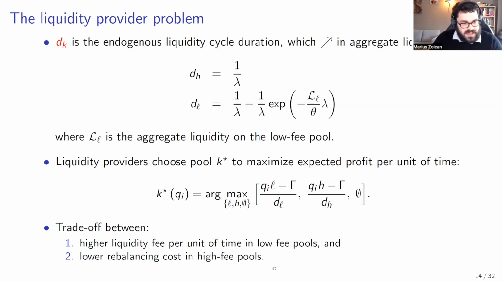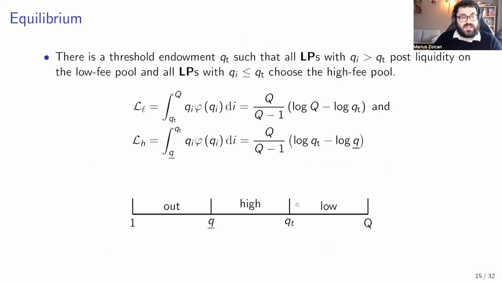So the main trade-off here is that you earn a higher liquidity fee per unit of time in the low fee pool, but in the high fee pool you rebalance less. In equilibrium, in most cases, there's going to be a threshold. Every liquidity provider with an endowment above this threshold goes to the low fee pool, because for them the fixed cost is relatively low, so they can afford to rebalance more often.